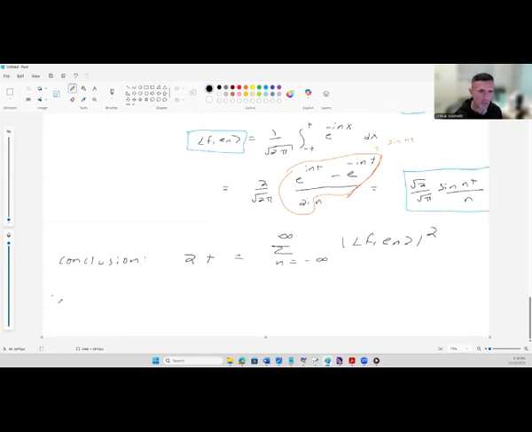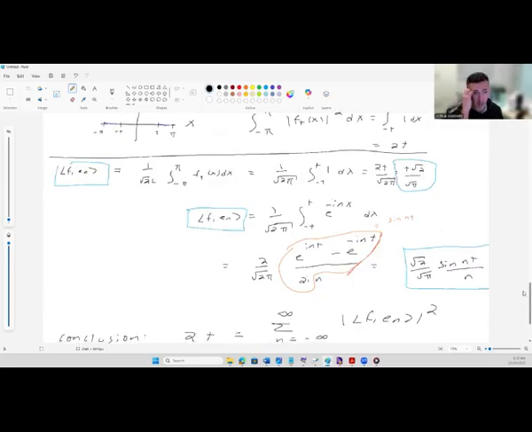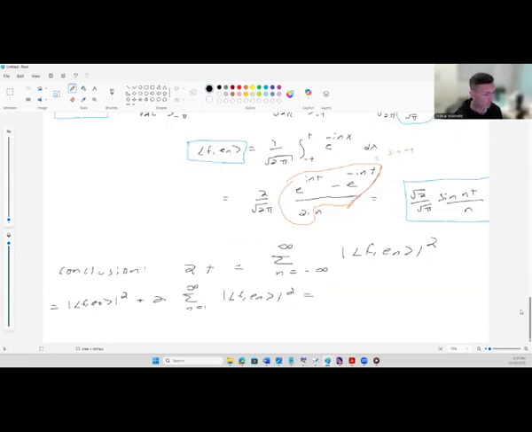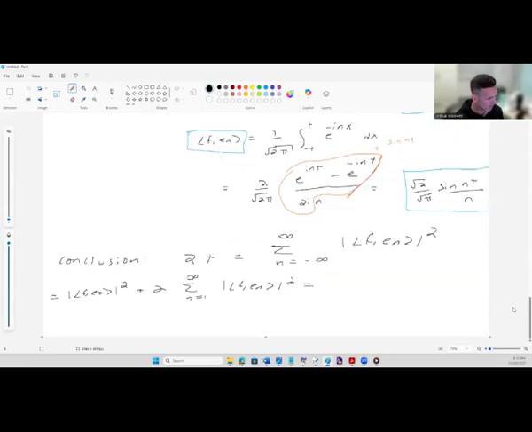Again, that equals this here plus 2 times this sum here. And this is 2t squared over pi.